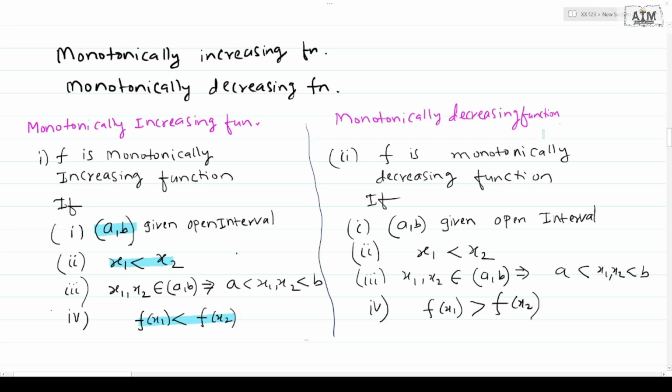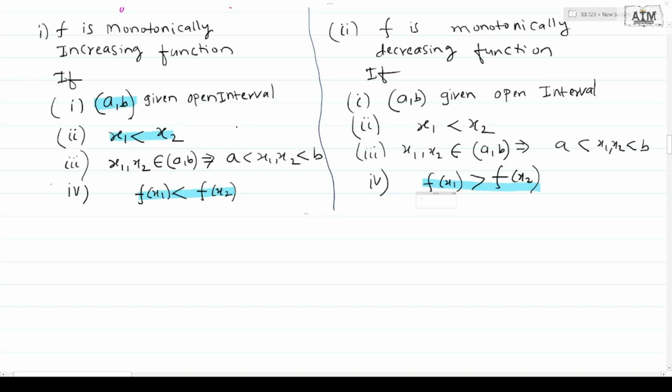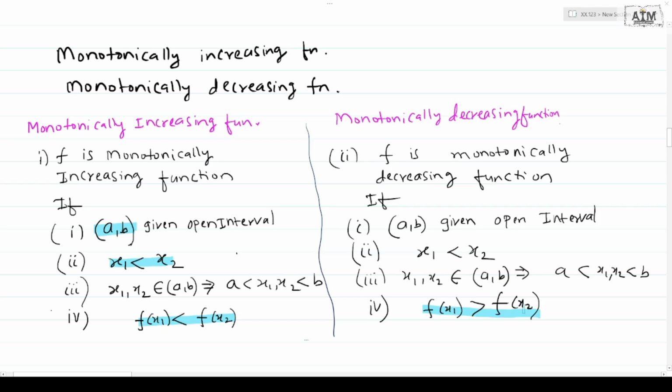And for a monotonically decreasing function, the condition is reverse, that is f of x1 greater than f of x2. For a monotonically increasing function, we can even use this condition, f dash x greater than or equal to 0, and for a monotonically decreasing function, f dash x less than or equal to 0. So this is the difference between monotonically increasing and monotonically decreasing functions.